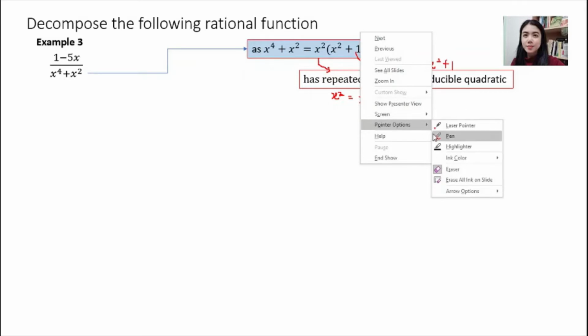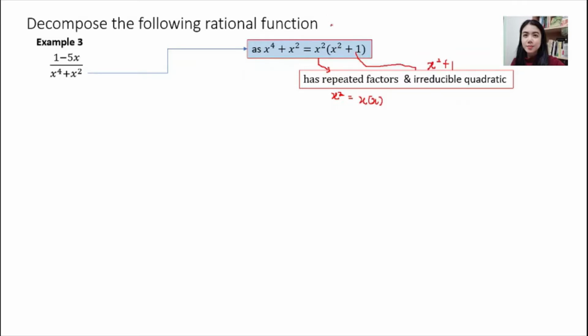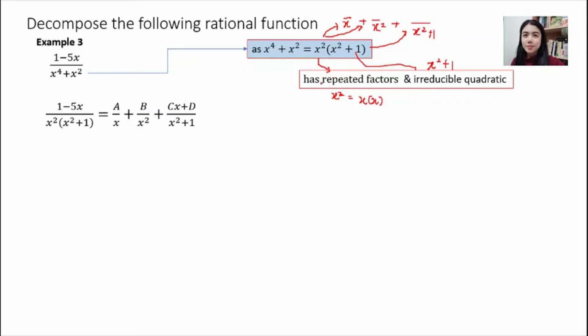So here you know that you will have the first one, and then plus the second one, because the x is repeating. x squared is the product of x multiplied with x. The x has repeated 2 times. Then followed by this one is another fraction. So therefore we have things like this here.